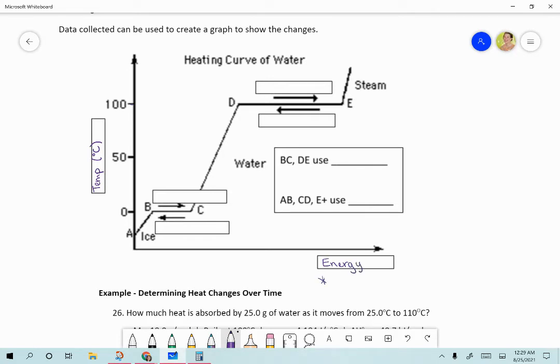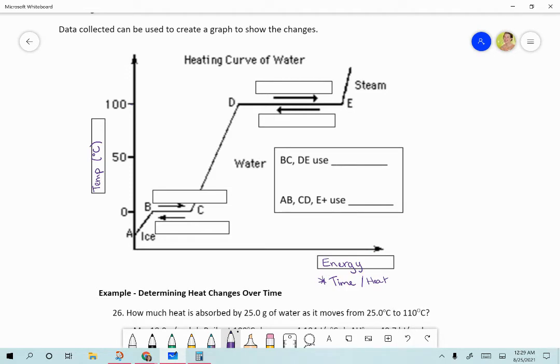Other ways that you might see my x-axis titled would be time, so the amount of time that progresses, or my heat. But remember, heat and energy are the same thing. It's just that heat is a specific kind of energy. So I want you to use energy, okay?